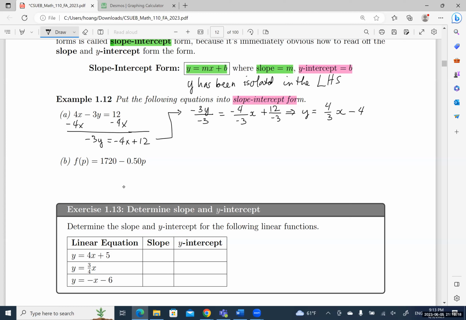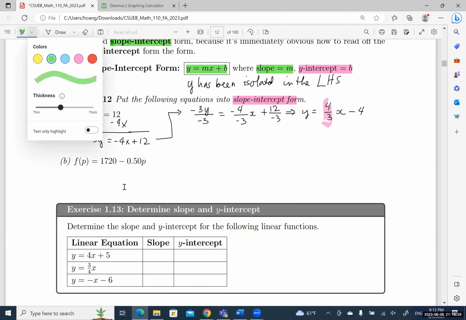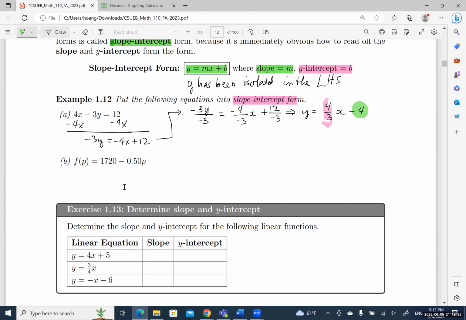Okay. So that means what? I have two things in here. I have the slope, and I also have the y-intercept. So m equal to 4 thirds. Y-intercept will be equal to negative 4, or 0 and negative 4 as a point in ordered pair form.